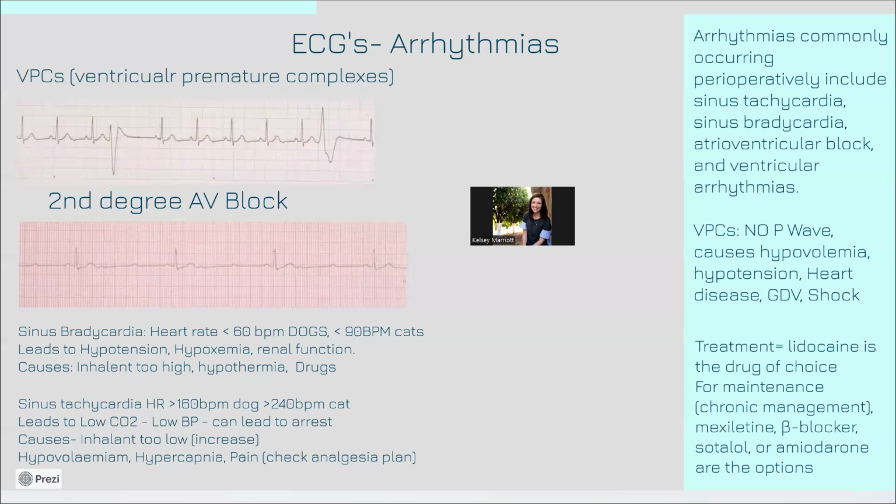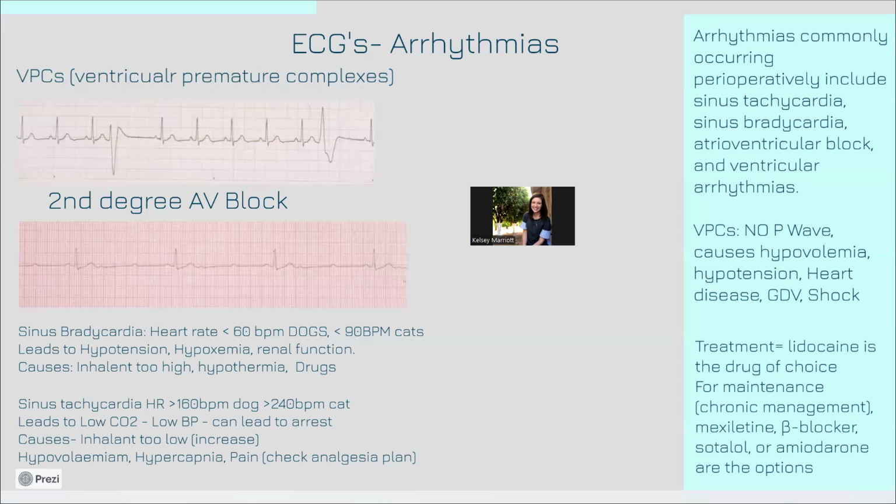We also have something called sinus tachycardia. That's anything above 160 in dogs under anesthesia, and anything greater than 240 in cats. We can see low blood pressure, and we can see low CO2 during these events. This could be due to hypercapnia, or the patient can be very painful, and that's what's triggering it.